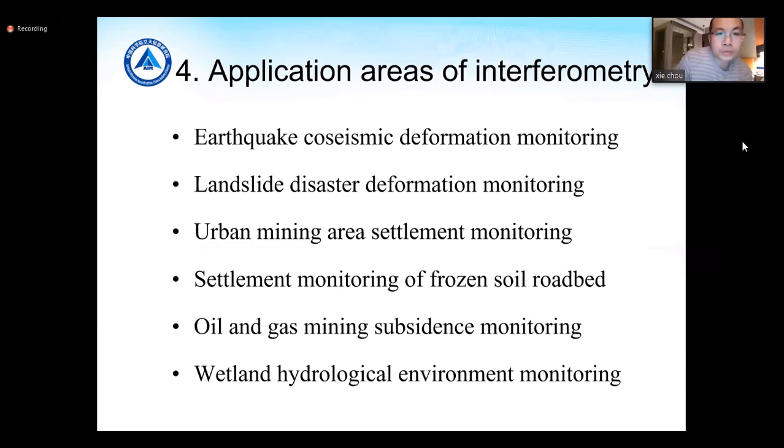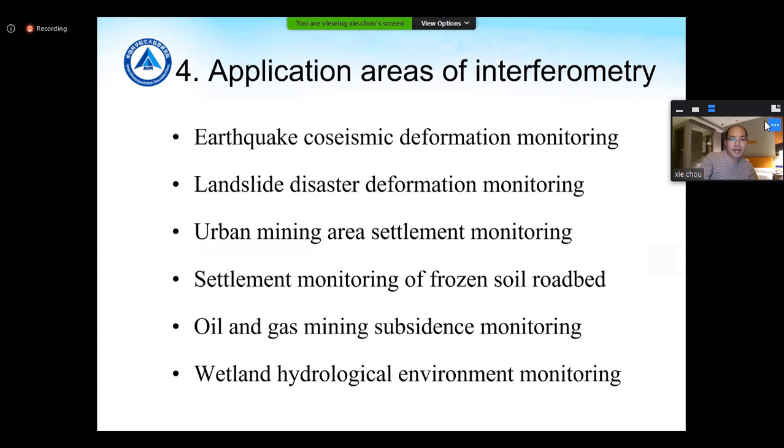Now I would like to show you something about applications of interferometry. InSAR can be used to analyze earthquake coseismic deformation, and also used for landslide detection.